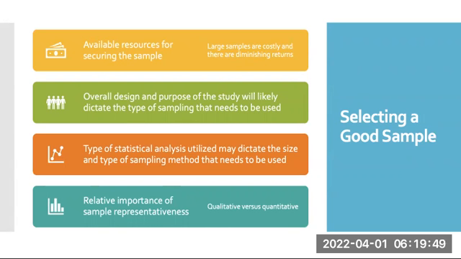In addition, the overall design and purpose of the study will dictate the type of sampling that needs to be used. So as we have said before, you need to understand what kind of design you want to use. Are you using more of an explanatory or exploratory study design?